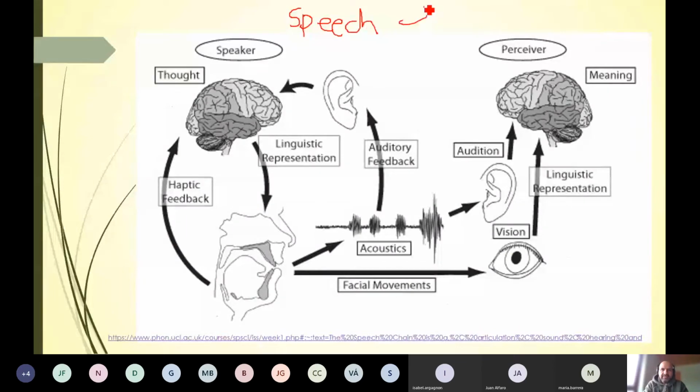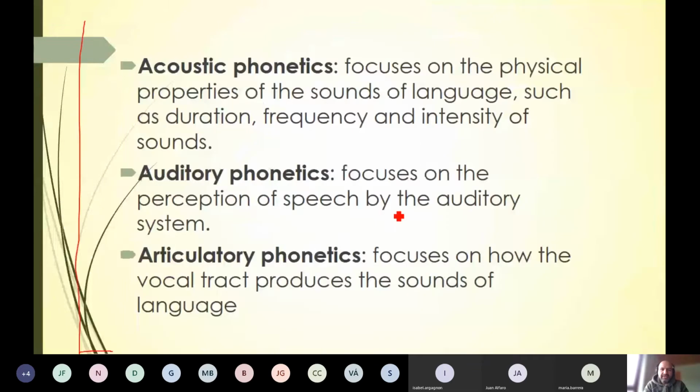Sorry, the first one is C-H-A-I-N, speech chain. So before referring to the speech chain, we're going to refer to the different sub-branches of phonetics, which is something that we already talked about, but we're reviewing now.